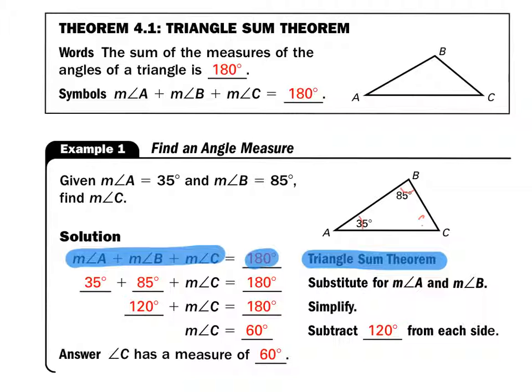I already know that angle A is 35 degrees and angle B is 85 degrees. Then I do some algebra, and you should be able to find out that angle C is 60 degrees. And that's our answer. Again, the important thing here is we use the triangle sum theorem, that all three angles add up to 180 degrees.